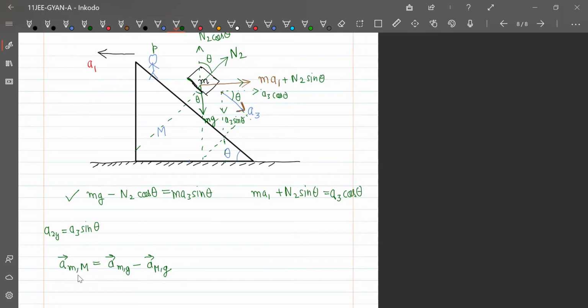So ये horizontal direction की बात करते हैं सर. So acceleration of smaller mass with respect to bigger mass, that is what we are taking is a3 cos theta in the forward direction.